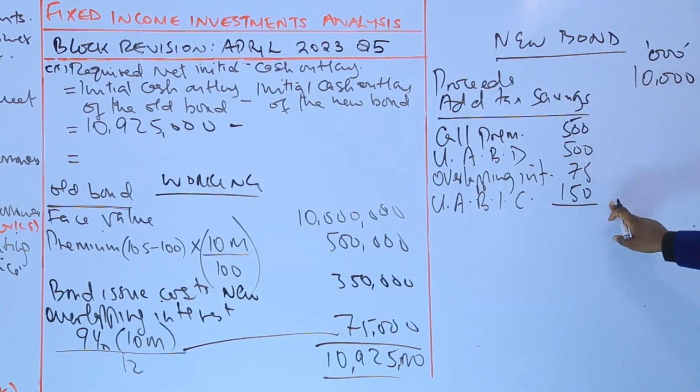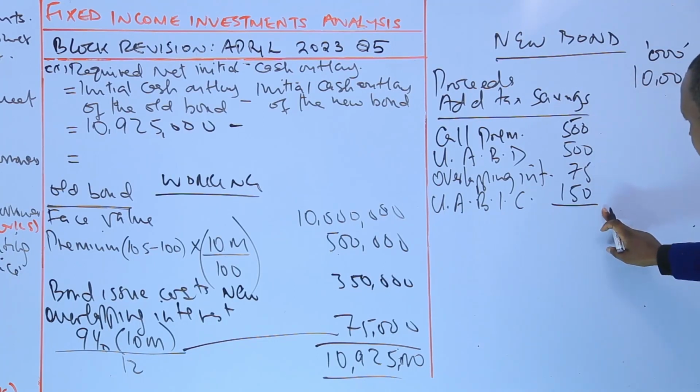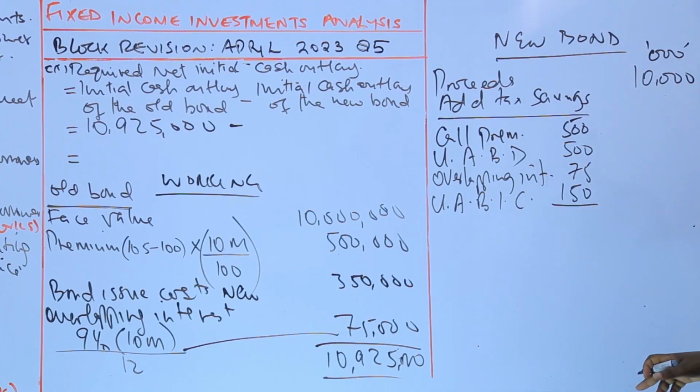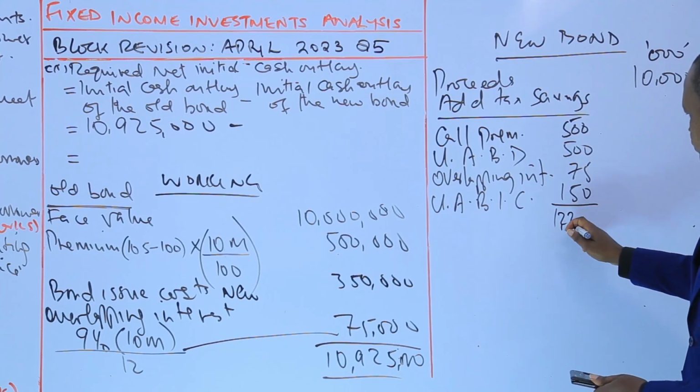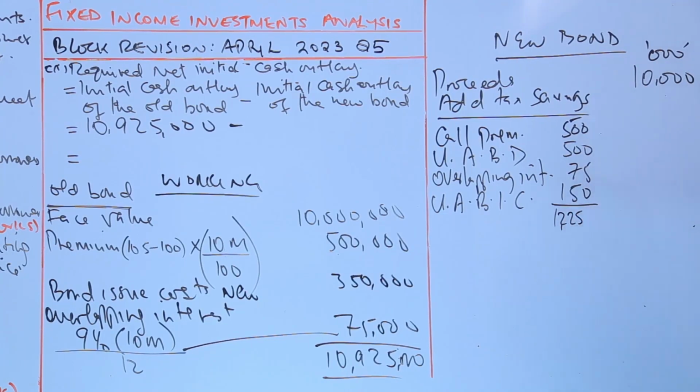Meaning we get the total, then apply the 30% to determine the tax savings. The total is 1,225,000.